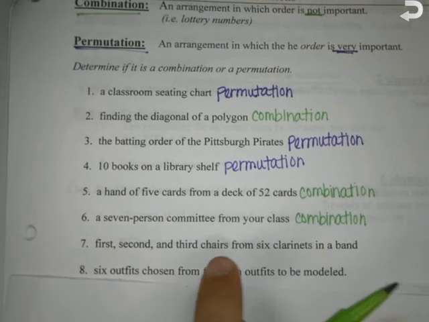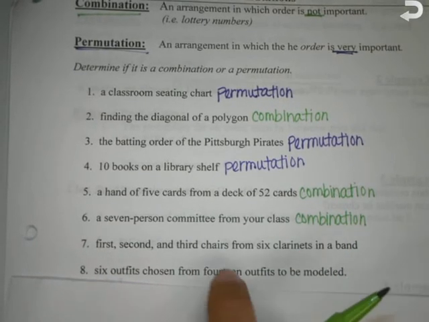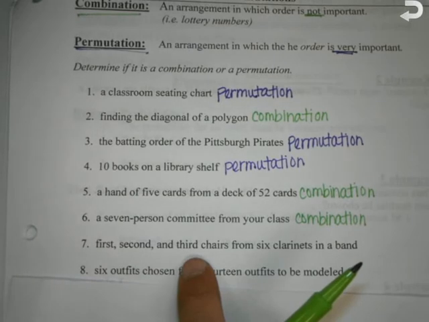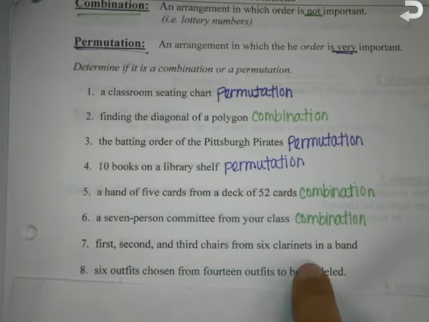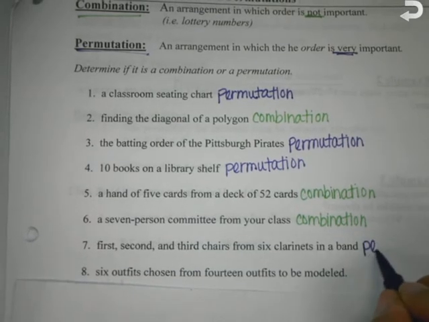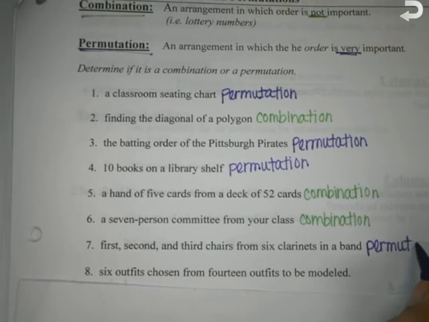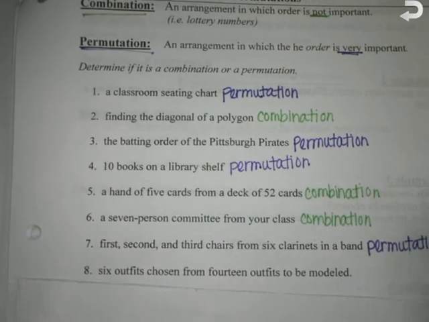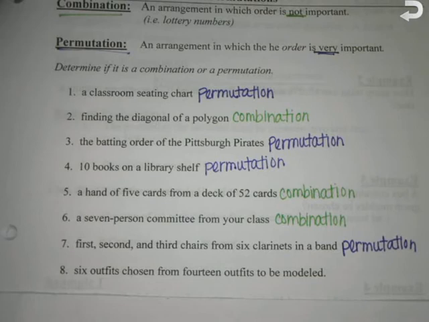Number 7. First, second, and third chairs from 6 clarinets in a band. Permutation or combination? Permutation. Order does matter there. Number 8. 6 outfits chosen from 14 outfits to be modeled.